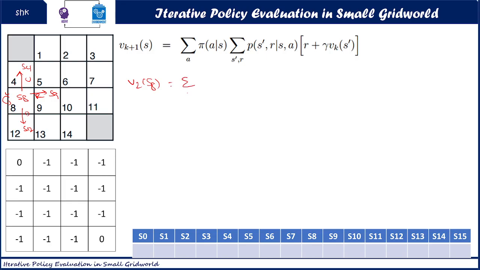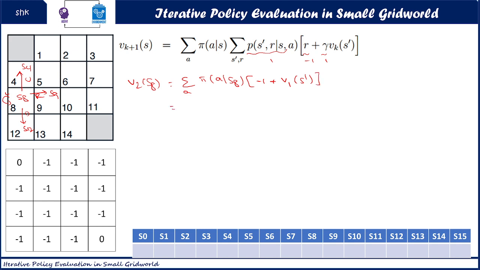So this we can write as the summation over all actions of the probability of the action in S8 state. The probability of transition from state to state is 1, the reward is -1, and the discount factor is 1. So this we can write as -1 plus V1 of S', where S' depends upon the action.